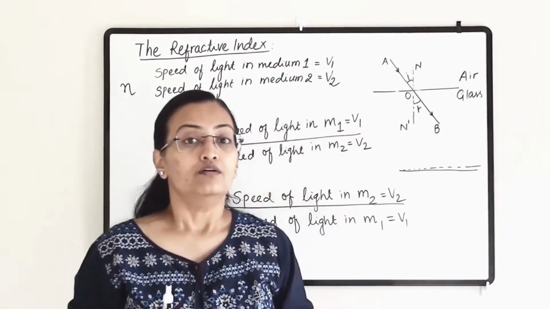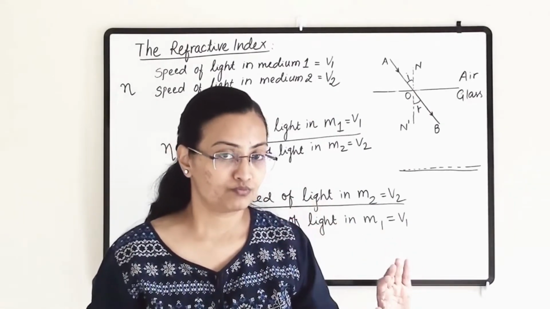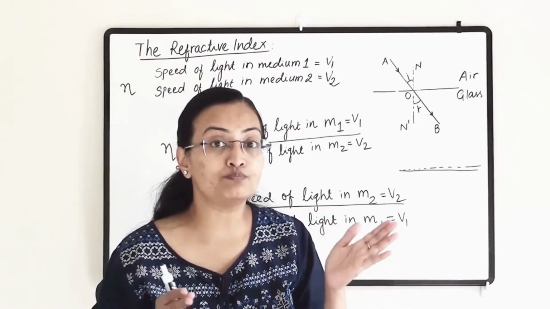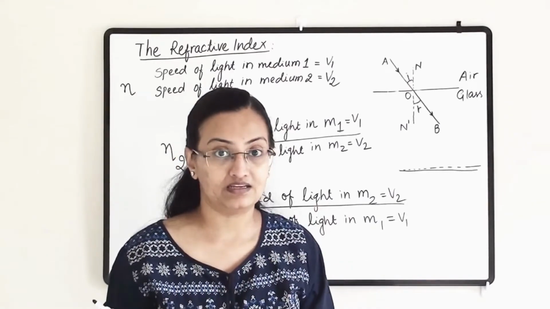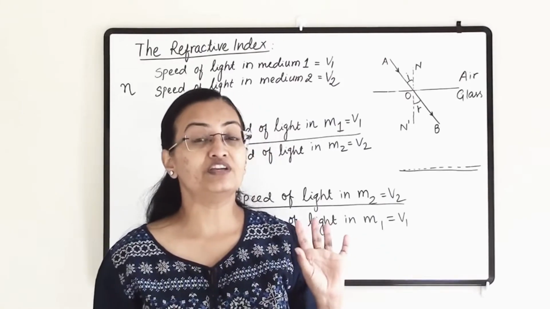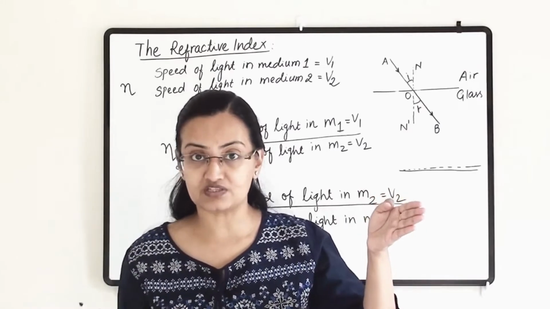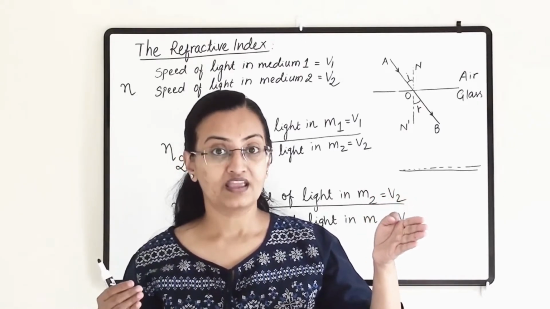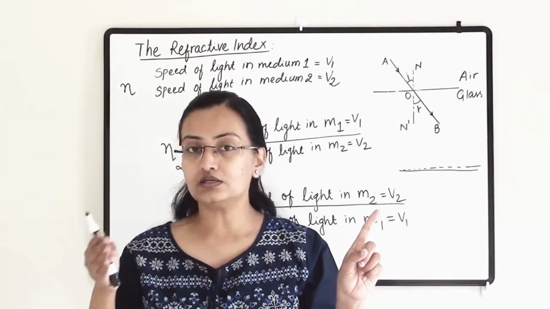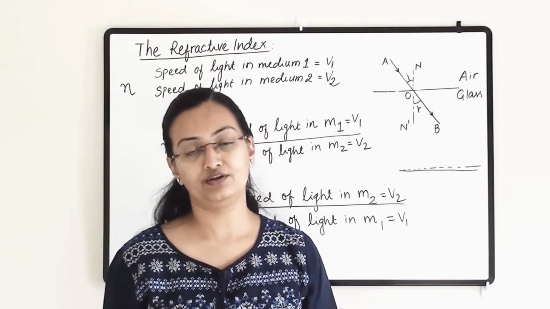Now let us consider that one of the media is air, and that is fixed, because we take air as the medium where the speed of light is maximum and there it is not bending. It travels straight through the air. So with one medium as air, and with respect to air we check different media like glass, water, oil. When we take this comparison, air with respect to all the other media, that refractive index is known as absolute refractive index.